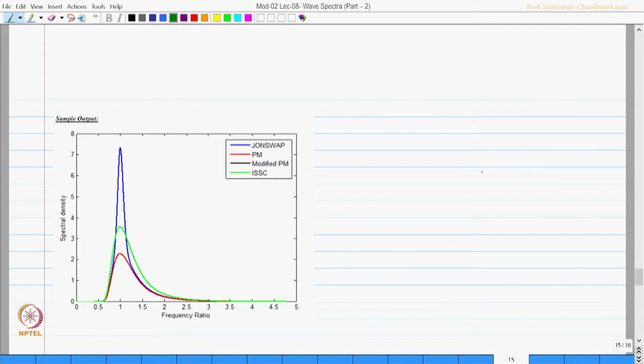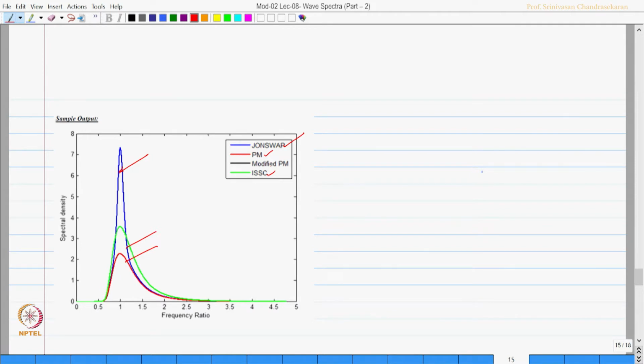So, one can see here the Jonswap spectrum, which is indicated in blue color, compared to PM spectrum indicated in red color, which is also further modified with black, which has the same variation as that of red, and which is compared with ISSC spectrum.